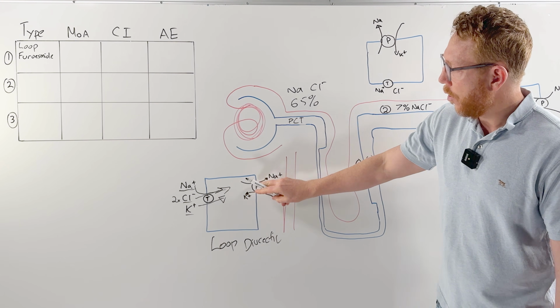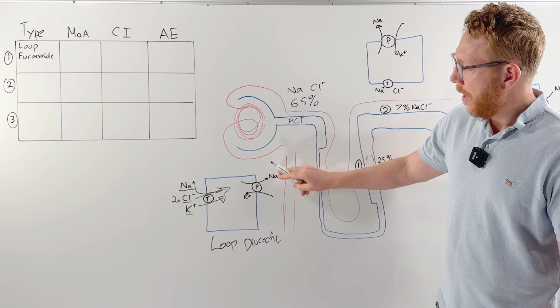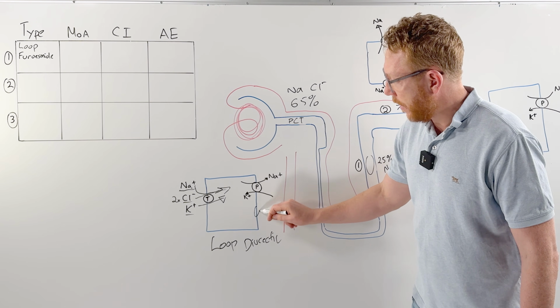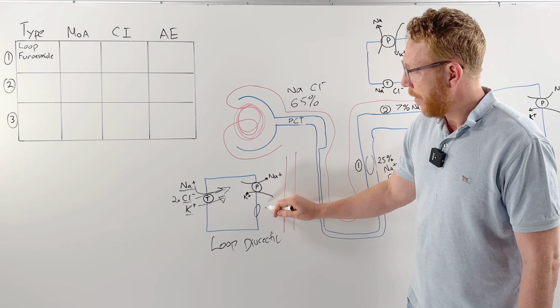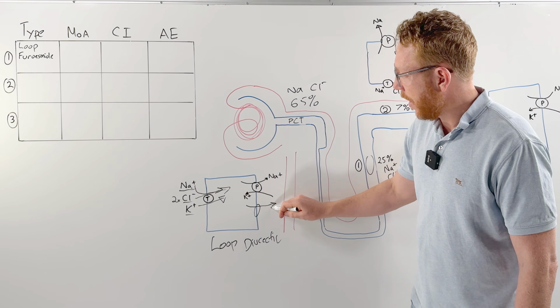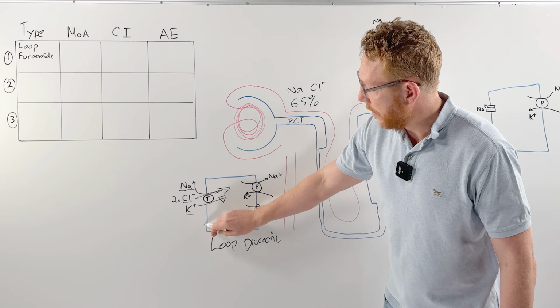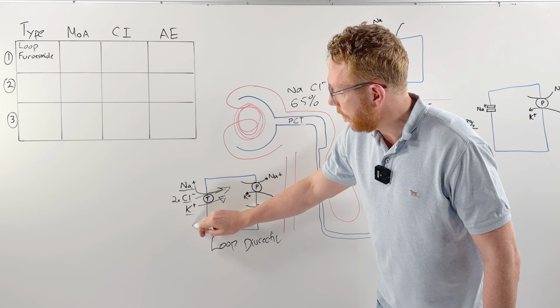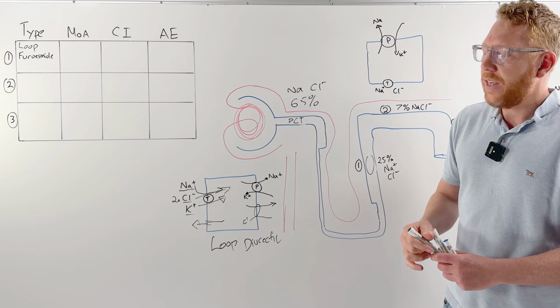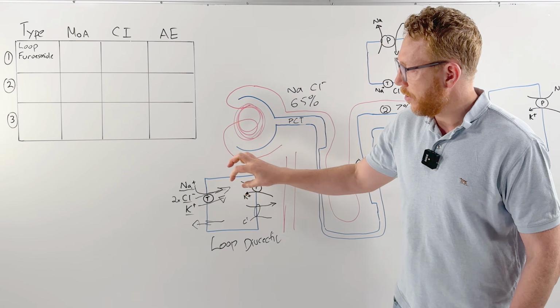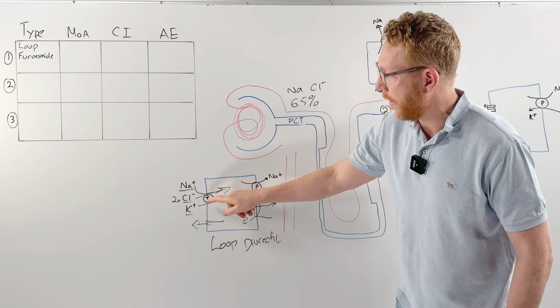Then we see the sodium getting pushed across. We also have another channel here for chloride, so potassium can go out there, chloride can come back in, and there's another small channel for potassium to come back out. But the important point I want to bring to your attention is this co-transporter.